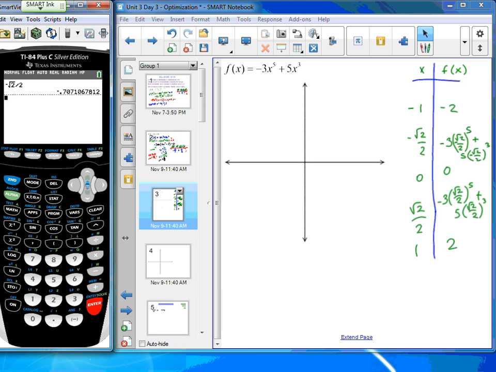If I wanted to evaluate that, I could store it in alpha A quick and do -3 alpha A to the 5th plus 5 alpha A cubed. Yes? Also, I can get about negative 1.234.